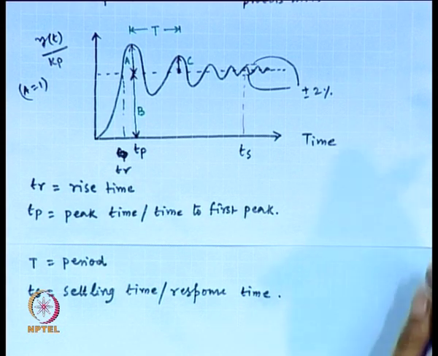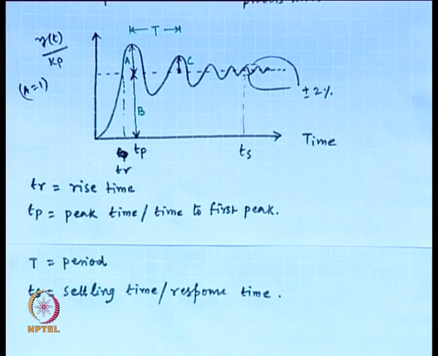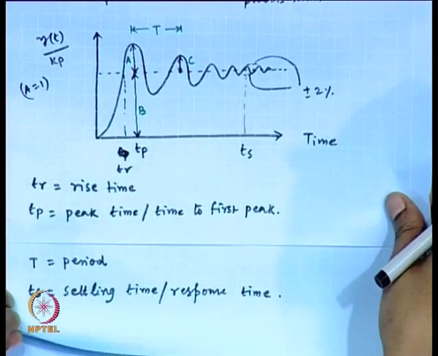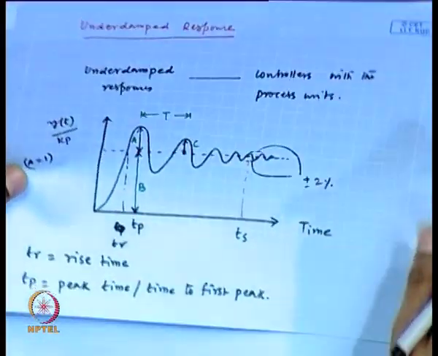Now, you will know of these times T r, T p, T s along with the quantities A, B, C one by one. So, first we will know about the rise time. It is very obvious from the figure that it is the time required for the output y to first reach its steady state value.